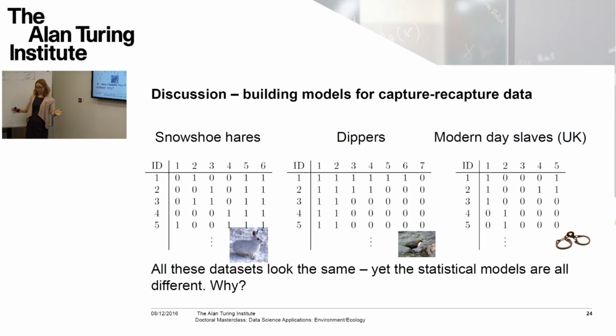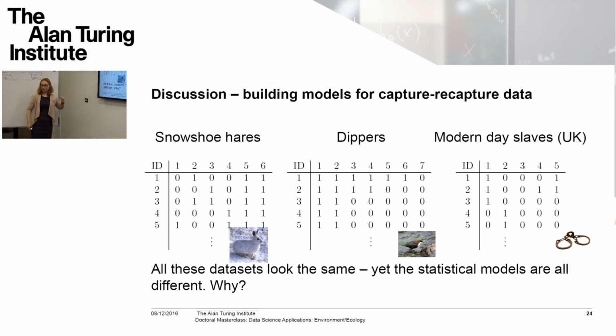The only difference that you can detect is that here we've got 6 years of capture-recapture, here we've got 7, and in the last one we've got 5. So they all look the same. Would you agree? They all look similar? There's obviously a catch coming. There is. All the different models that were fitted to these are all different.